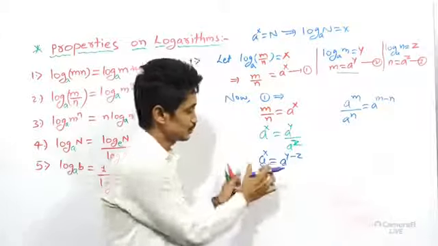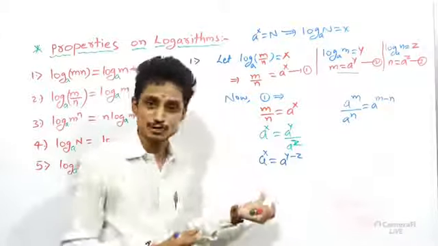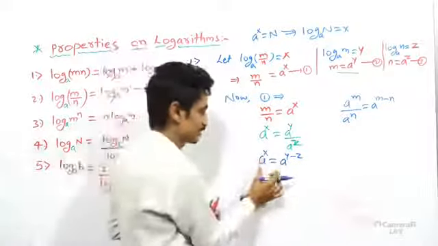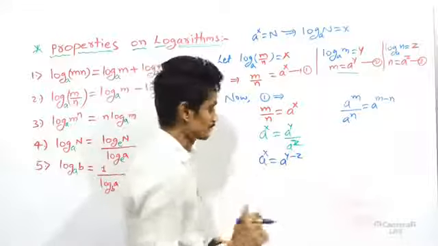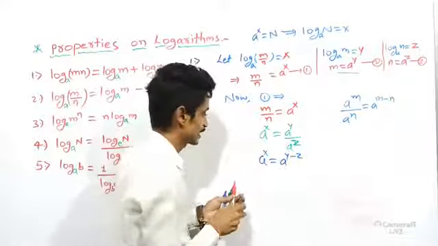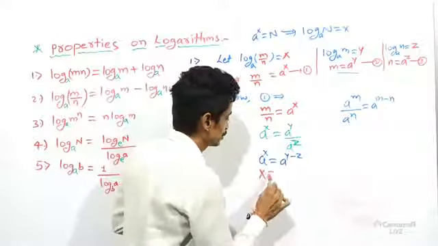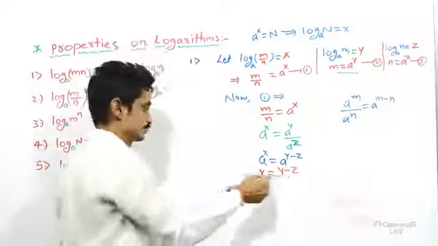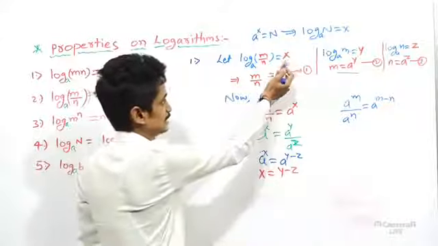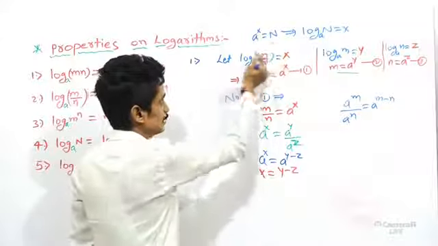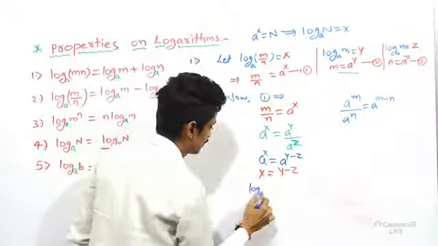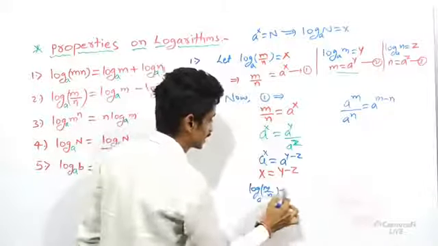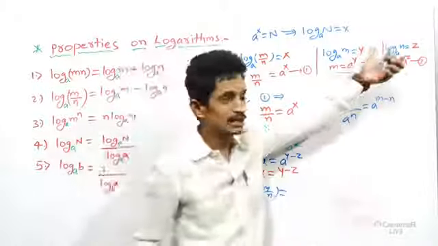Clear? Once again, two exponential numbers we got in equal form. It means we also have the same bases. Then if the bases are the same, the powers should be equal. So what can I write? x is equal to y minus z. Tell me the result of x equal to y minus z. What is x? x is nothing but log of m divided by n to the base a, is equal to, what is your y?